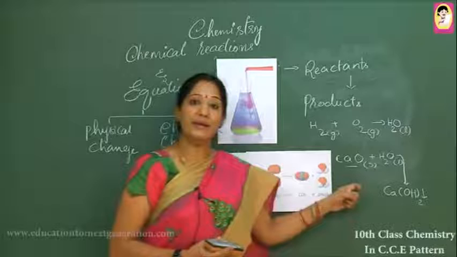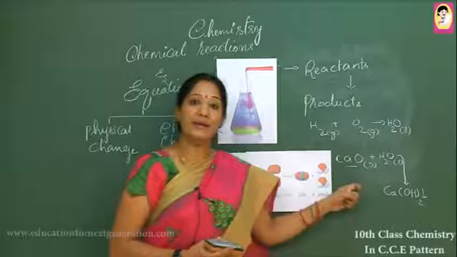Now let us learn how to balance a chemical equation. According to the law of conservation of mass, mass can neither be created nor destroyed, but it can be converted into another form. Let us take the example of the reaction between hydrogen and oxygen giving rise to water.